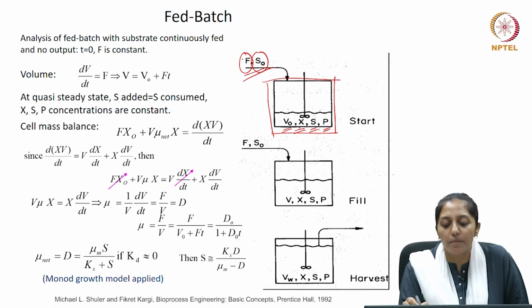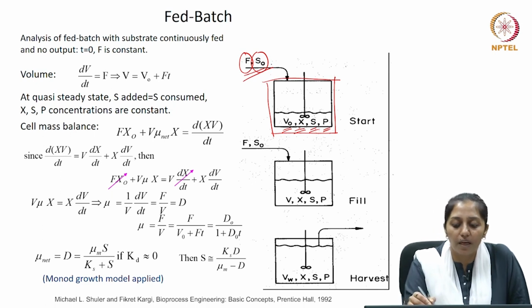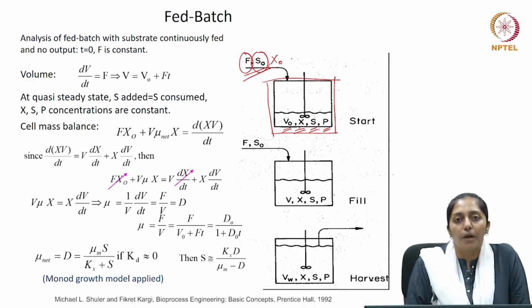So, if you do a cell mass balance, let us assume that X naught is the biomass.